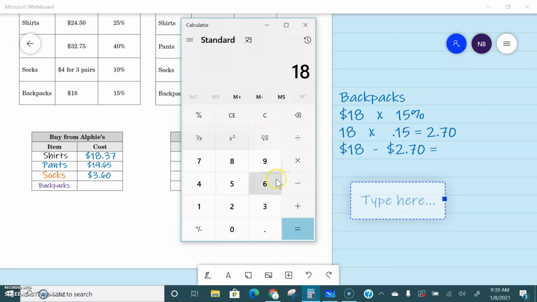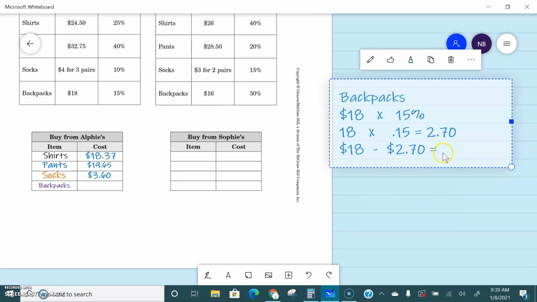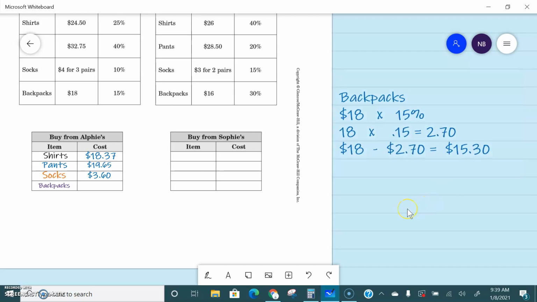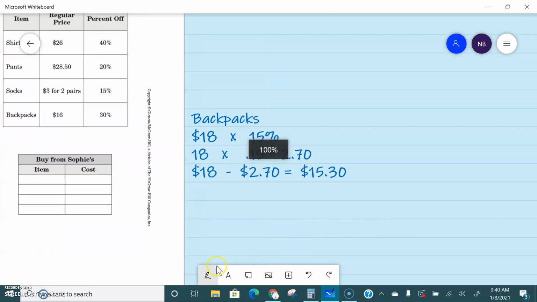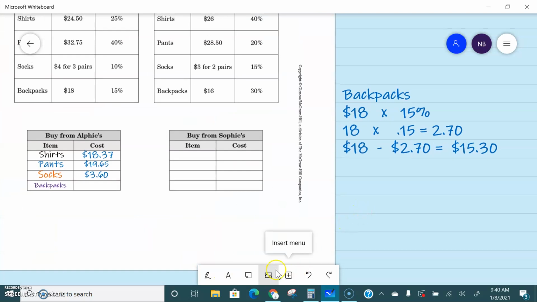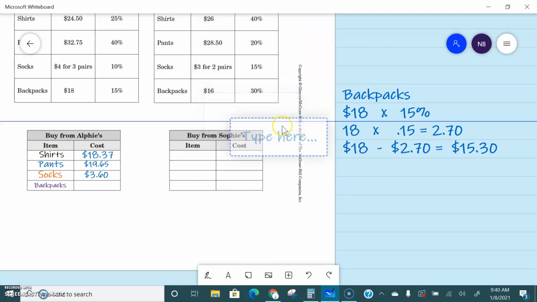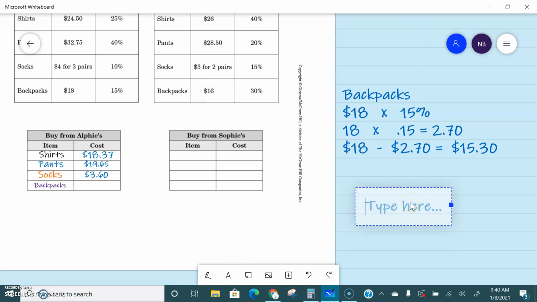So $18 minus $2.70 is $15.30. Let's go ahead and put that into our cost. And we have $15 and 30 cents.